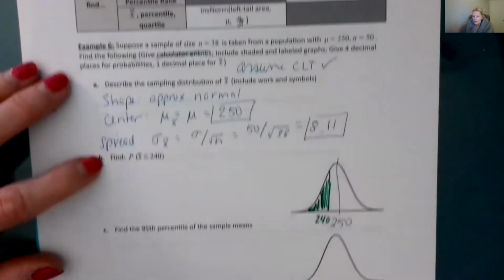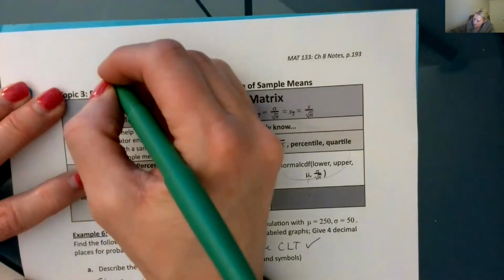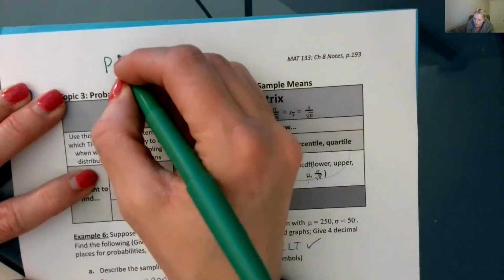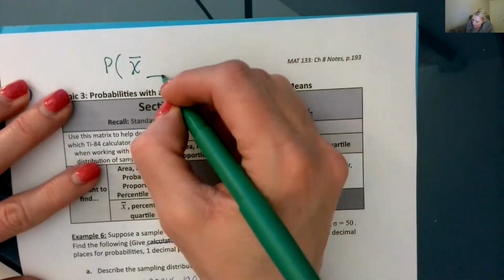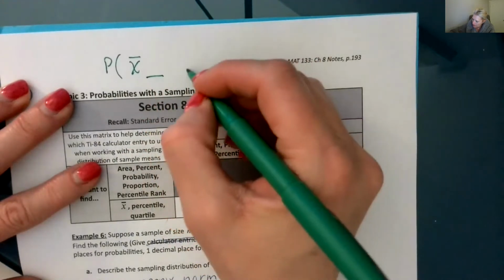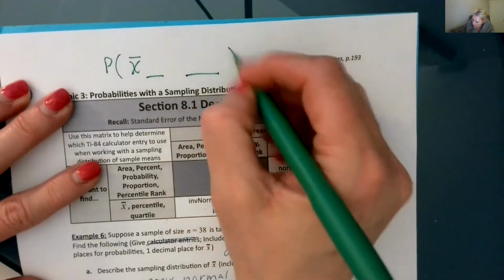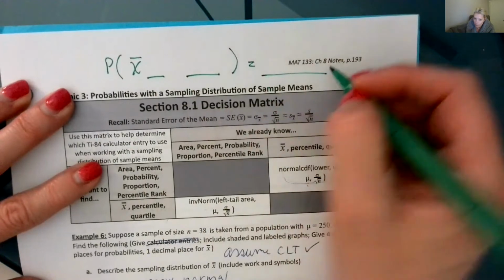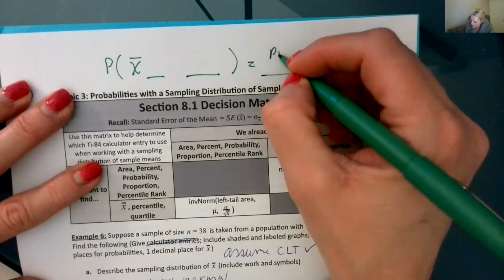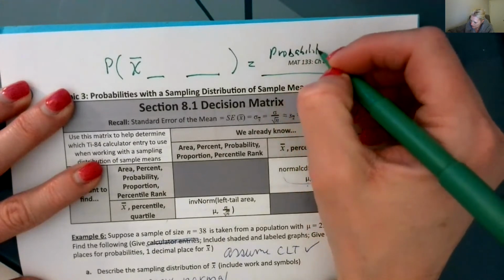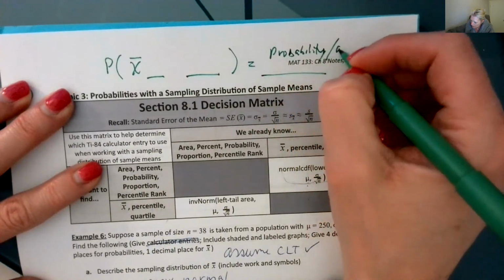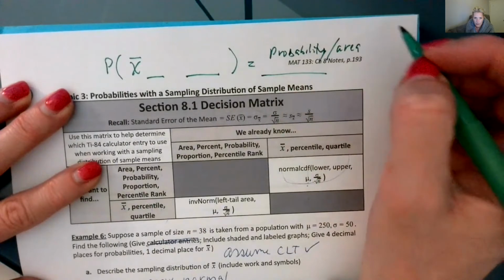Okay. So when we go into StatCrunch, just like we did in Chapter 7, we're going to say the probability that X bar is some kind of inequality compared to whatever that is, and this is going to equal the probability. We also call that area, right?